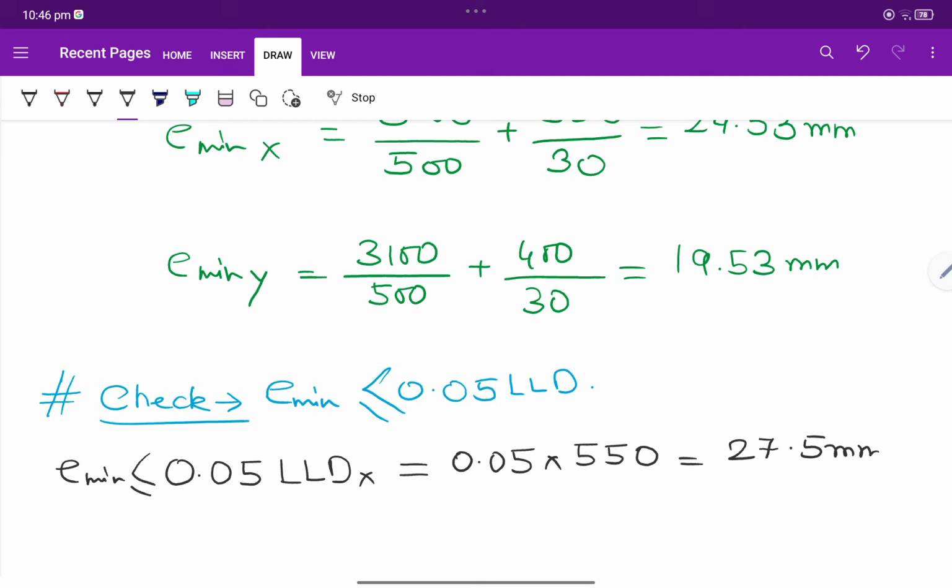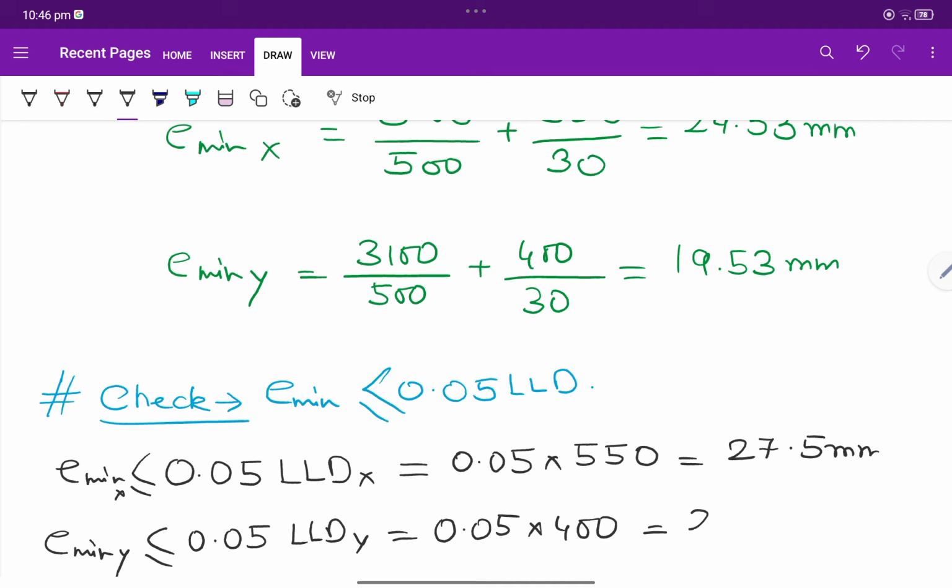And the E minimum for y direction should be less than or equal to 0.05 LLD, that is in y direction, 0.05 into 400. So this value will come to 20 mm.